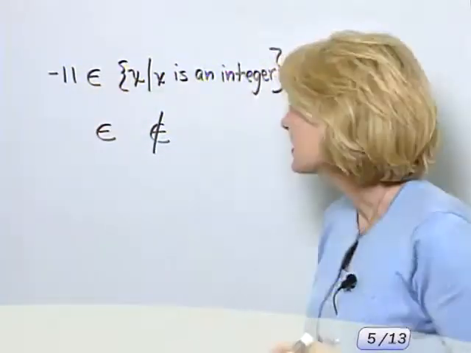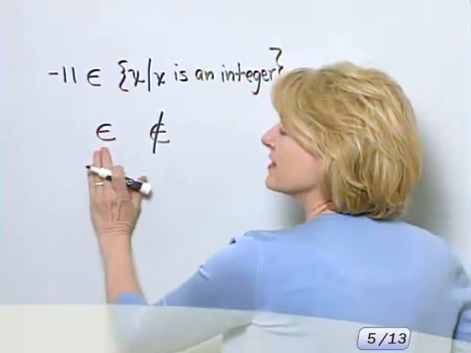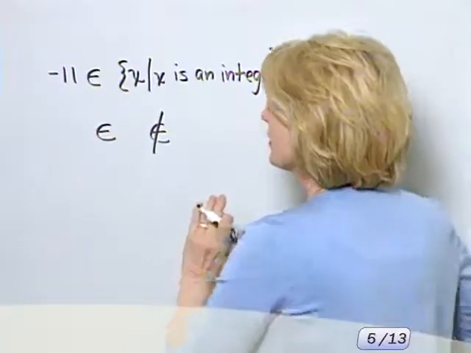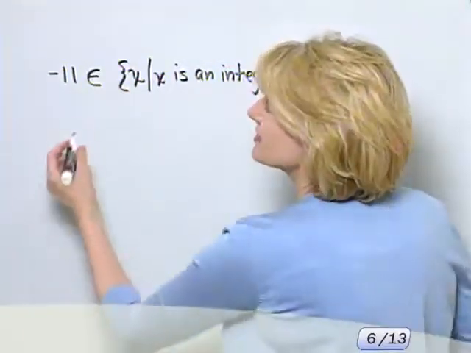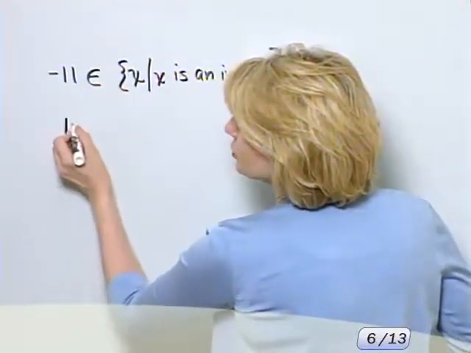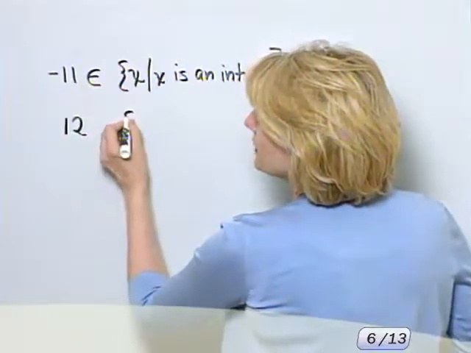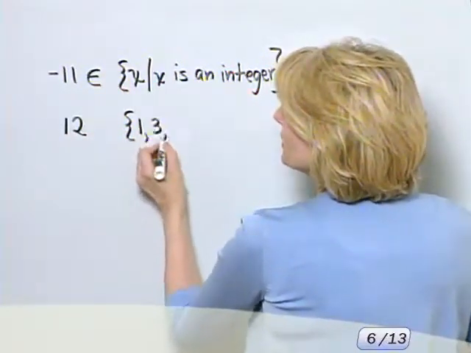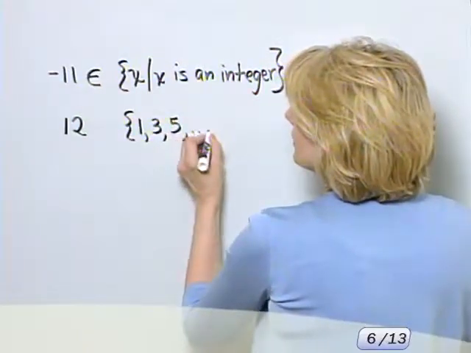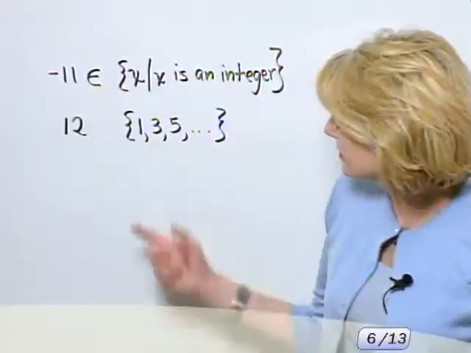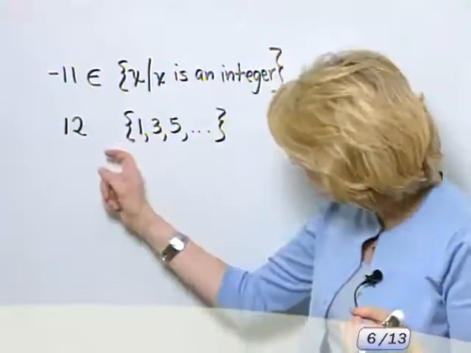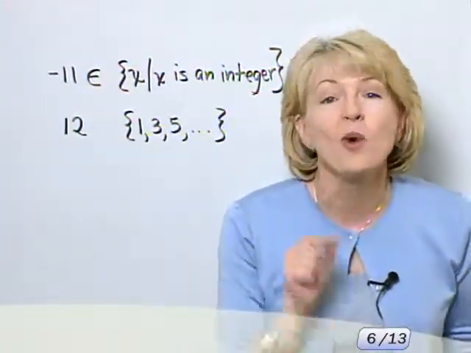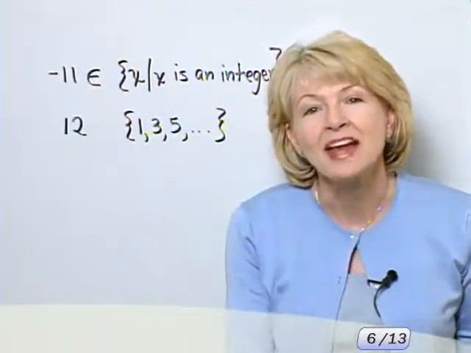Now let's try this again. We're either placing this notation or this notation. All right, I'll write this underneath. I have the number 12. I want to know, is it an element of or is it not an element of this set? Now let's look at this set a moment. I'm listing the elements of this set, 1, 3, 5, and so on in the same manner.